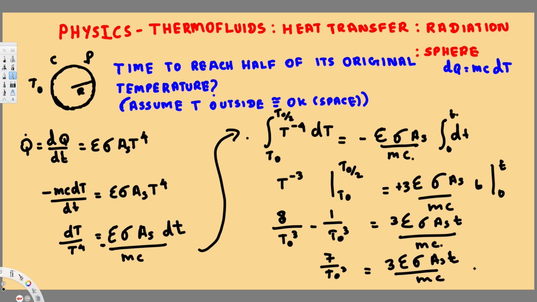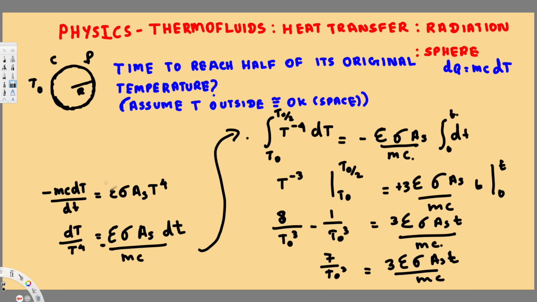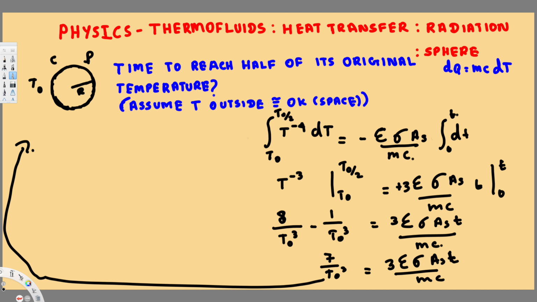Now our purpose is to find the time. Let's move this around a little bit. I need more space, so let me get rid of this part right here. Okay, let's continue. We are trying to find t.